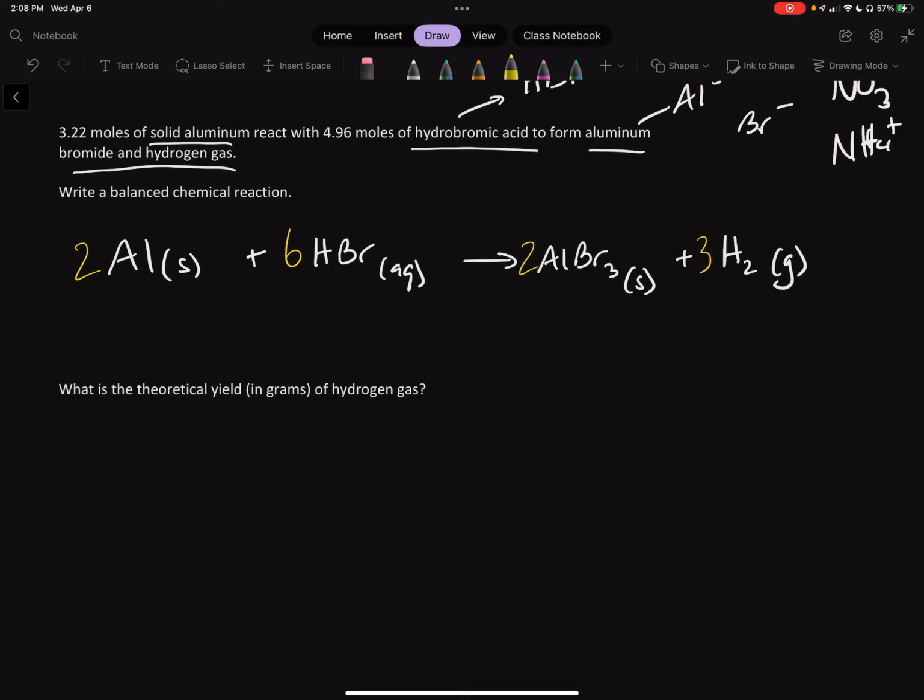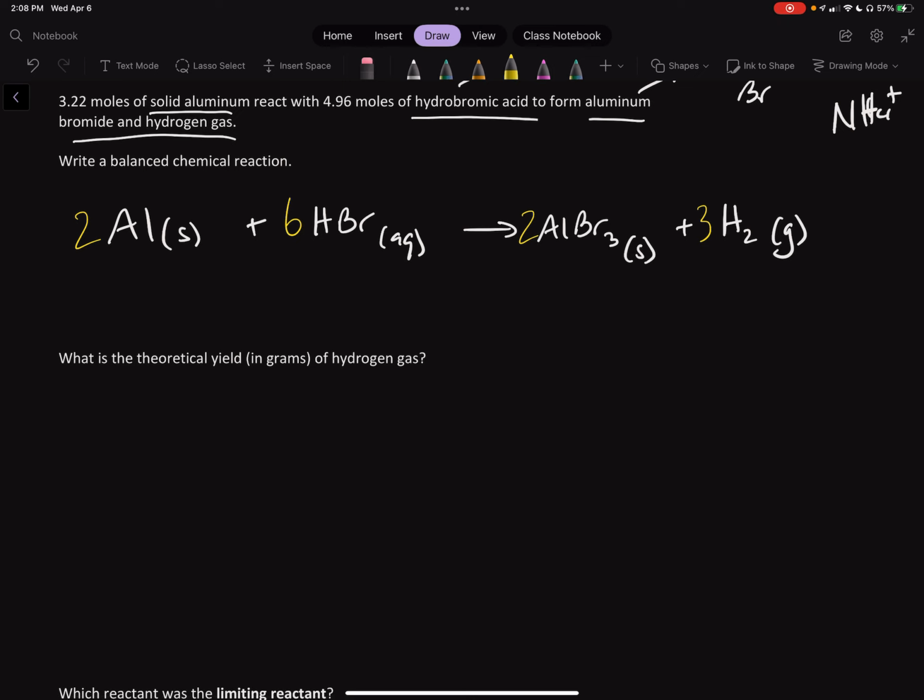Okay, so next question says, what is the theoretical yield in grams of hydrogen gas? So there's multiple ways to solve limiting reactant problems if you just have to determine which reactant is the limiting one, which one limits how much product you can make.